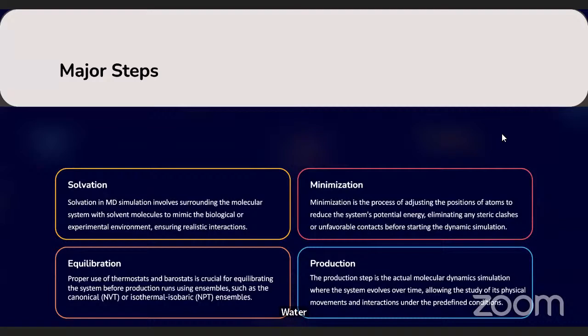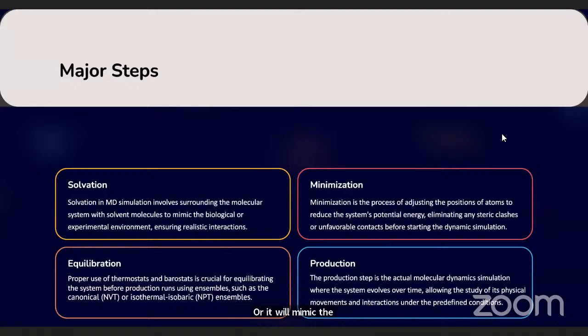We add the water model in the defined area, check the charge on the system, and then utilize it. The solvation step itself consists of many minor steps, but the overall idea is to add solvent molecules in the system, so that it will mimic the natural condition.